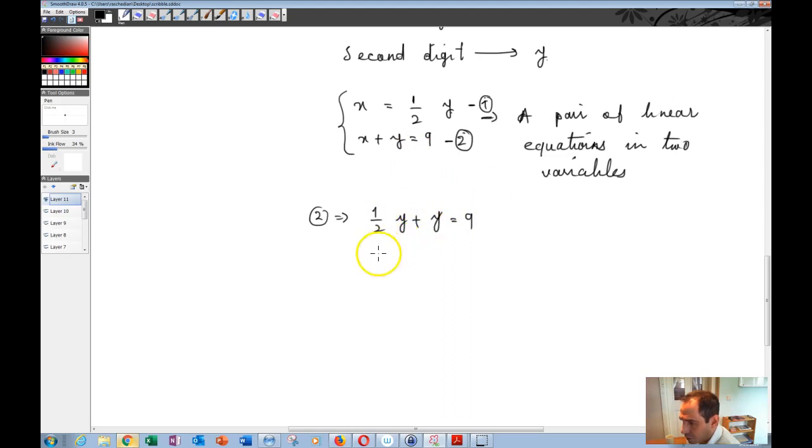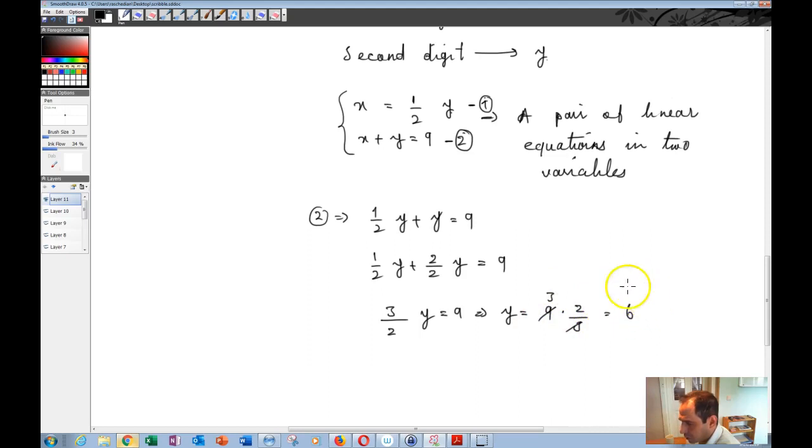That's 1/2 y plus 2/2 y is equal to 9, so 3/2 y is equal to 9. So y is equal to 9 divided by 3/2, or 9 times 2/3, and that's equal to 6. So y is equal to 6.